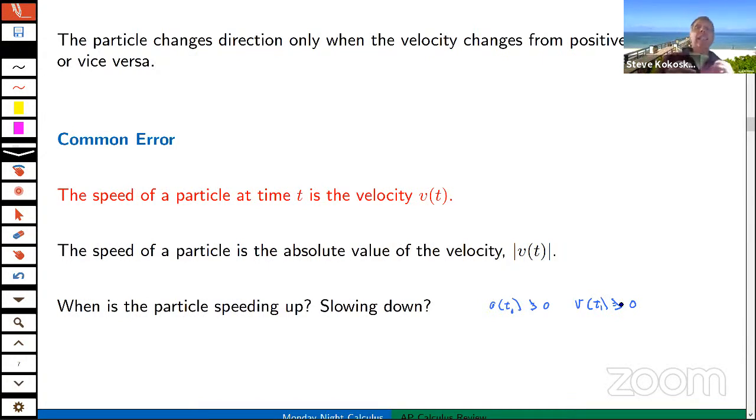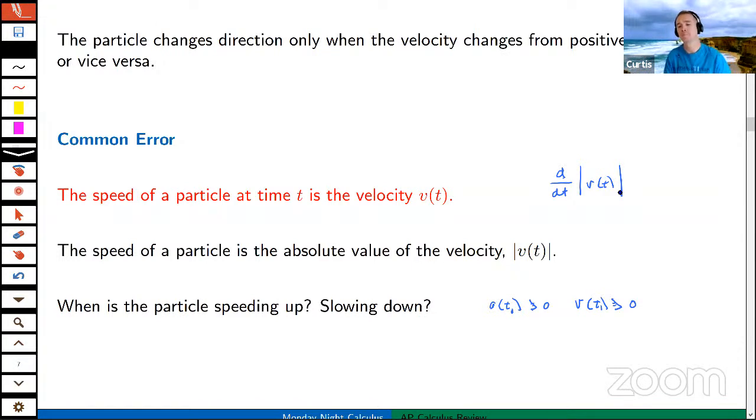Now, there's another sneaky way to do this if it happens to be a calculator active question. I don't know, Tom may address this a little bit later on. I actually just discovered this, but saw a student do this, and I thought it was very clever. If we are indeed given the velocity function, on your calculator you can compute the derivative with respect to t of the absolute value of the velocity, which is, in words, finding the derivative of the speed.